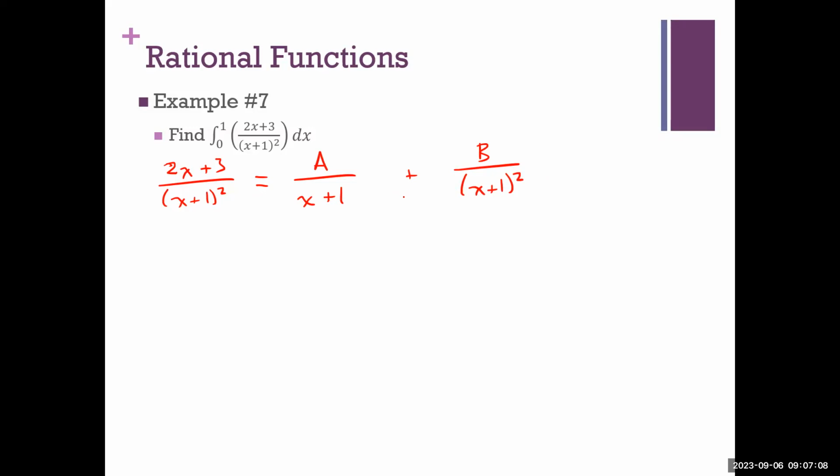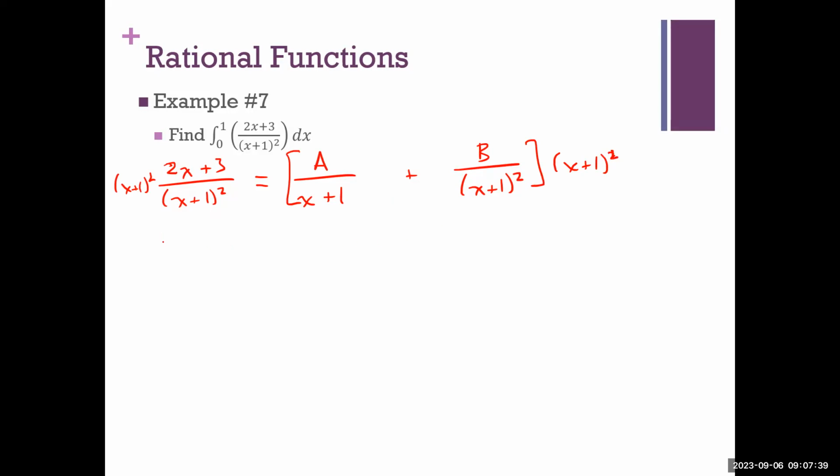Okay, from here, where should we go? We're going to do a define. Really, we could define an x right now to start eliminating some terms. I strongly recommend taking a step before we get there. Basically multiply both sides by the denominators, so I can clear all my fractions out. So I'm going to multiply both sides by x plus 1 squared. And then what result will that have?